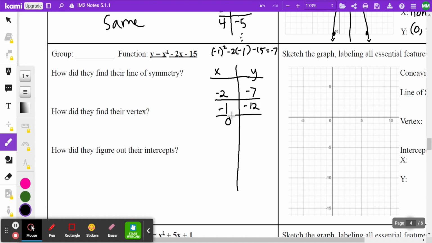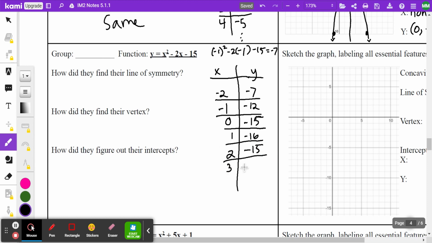At 0, I'm at -15. At 1, I'm at -16. 2, I'm at -15 again. So it seems like I've already gotten to the point where I can use symmetry.